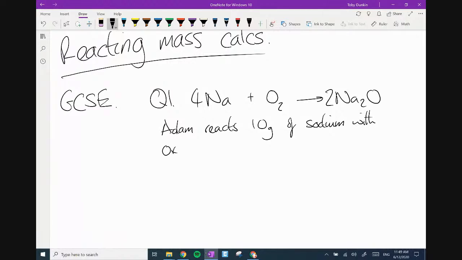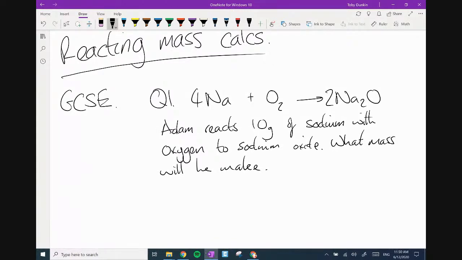With oxygen, they won't even give you the word excess, you have to just make an assumption. With oxygen to make sodium oxide. What mass will he make?